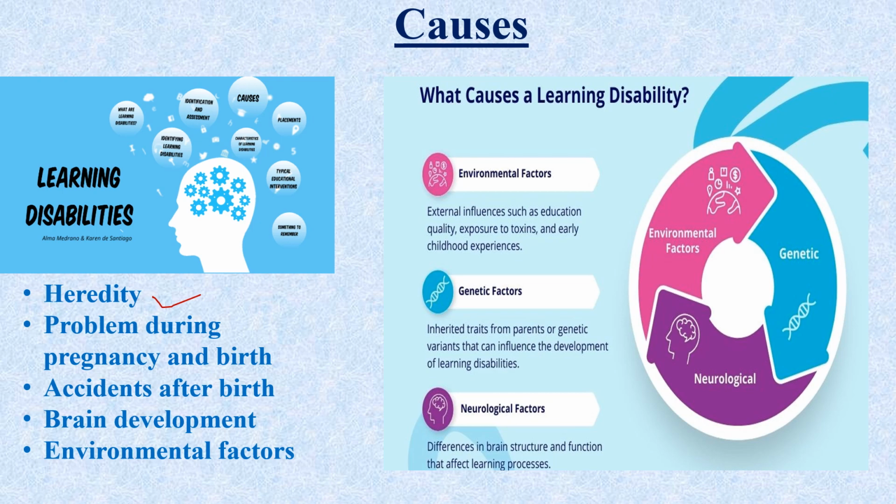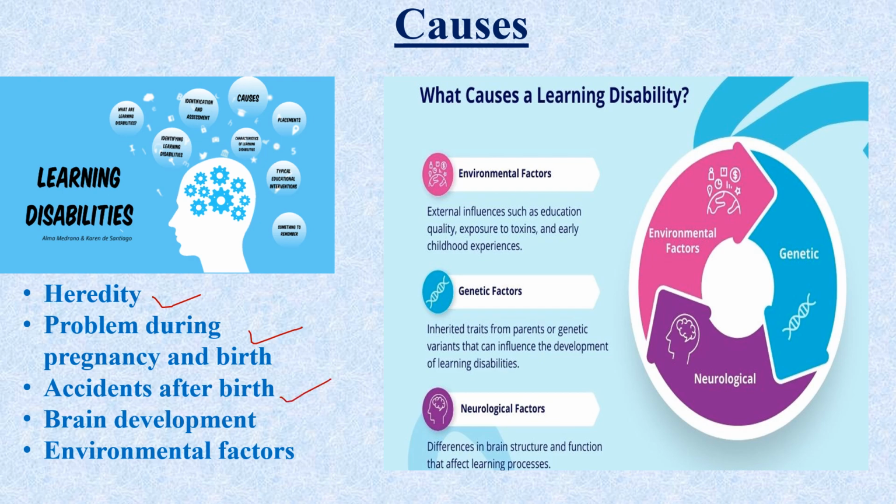Second is problems during pregnancy and birth. In this, we can say that learning disabilities are a result of various abnormalities in the developing brain, or various kinds of injuries or illness, or when there is fetal exposure to alcohol or drugs.